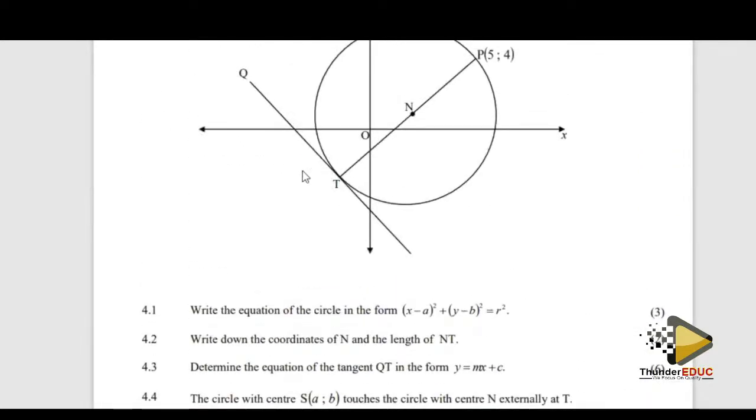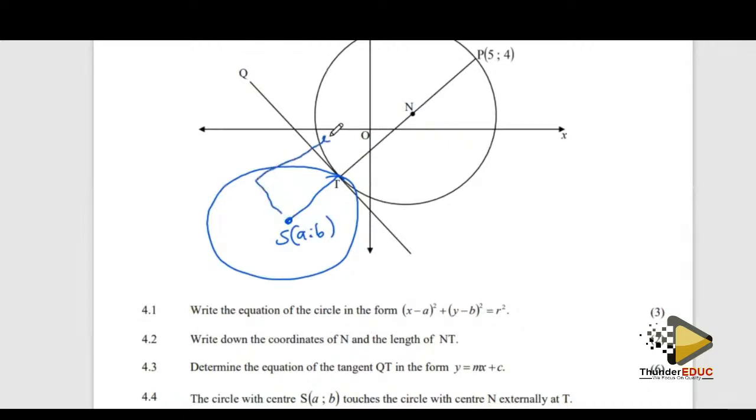Remember, if this circle were to be drawn, that is N. It told us that this distance is 3NT. When you simplify the 3 times the 3√2, you get 9√2. When you square that, that's how you're getting the 162.